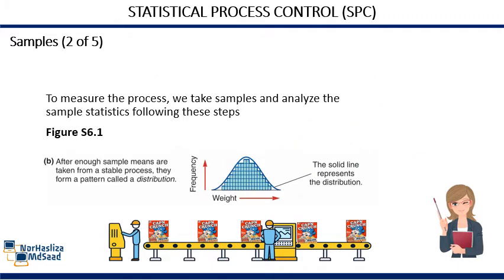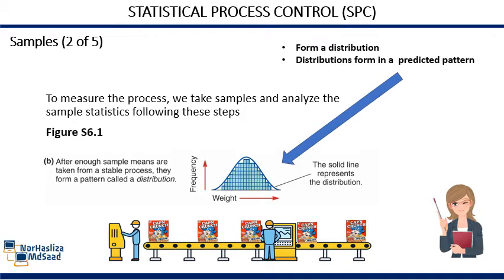At stage B, the samples of 5 boxes of cereal form a distribution. The distribution formed in B will fall in a predictable pattern.